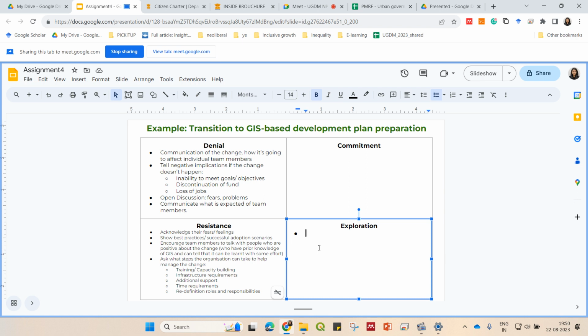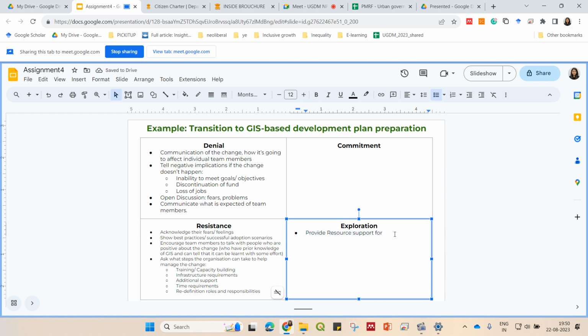Okay, so you can provide resource support, but for what? Technical resources, infrastructure, all that add-on so that they can upskill themselves.